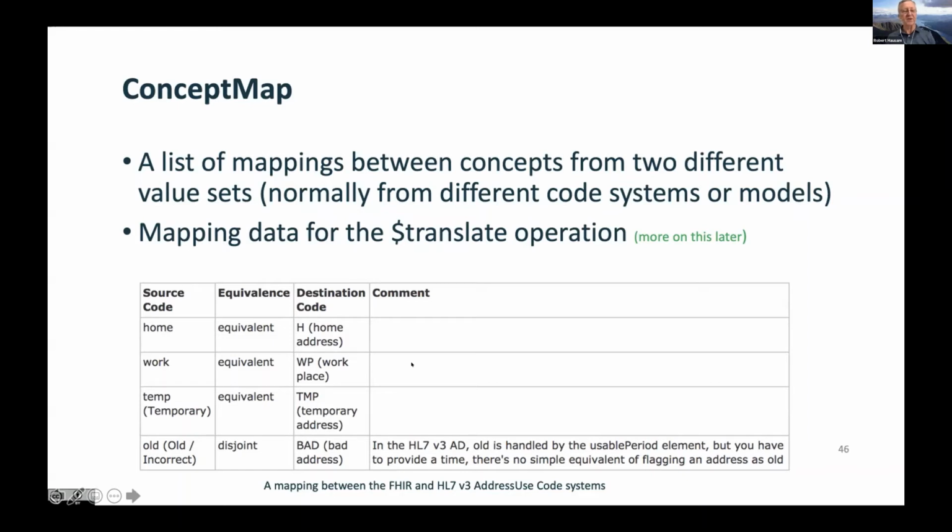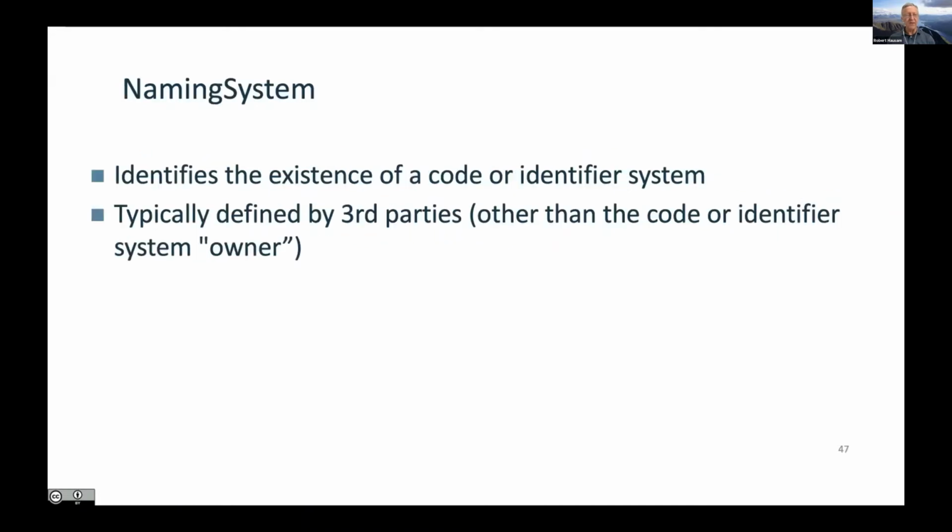So there are different ways to specify all those things. That's the difference between the FHIR address code system, I don't have the actual name here, and the HL7 v3 address use code system. But anyway, that's what that's for, and we'll talk a little bit more about it when we hit the translate operation.